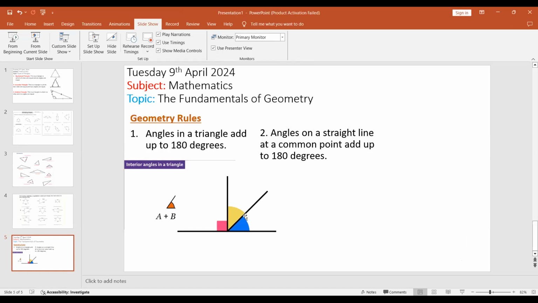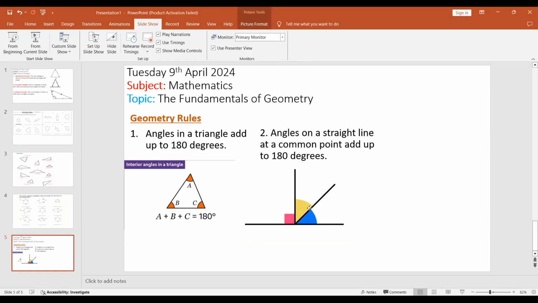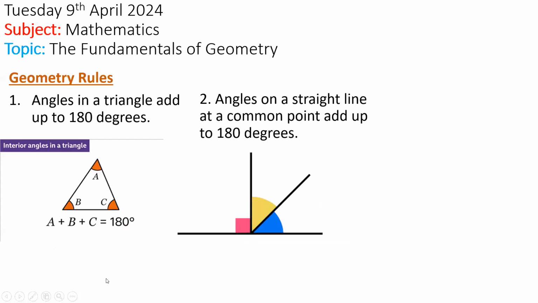So if we look at this example, let's look at the angles that we have. Let's call this one angle A, this one angle B, and this one angle C. And all of them are at a common point, right?